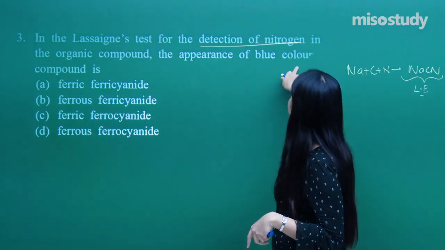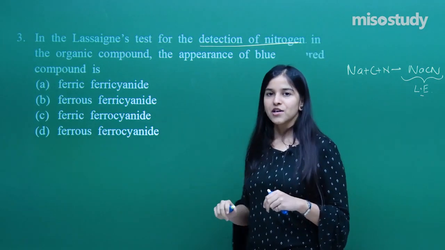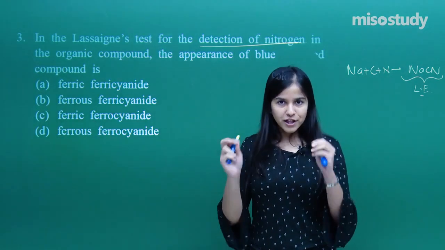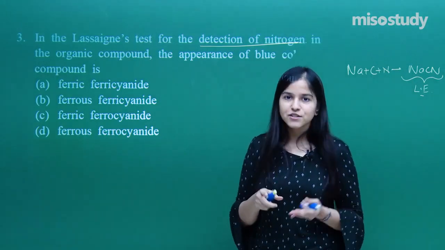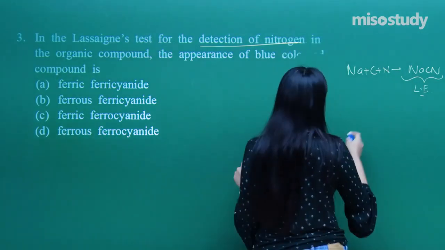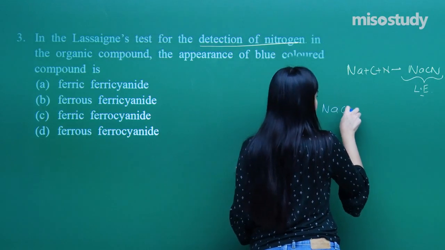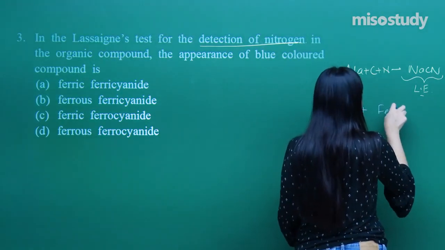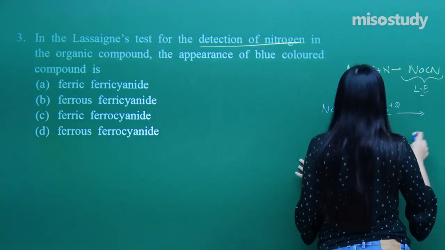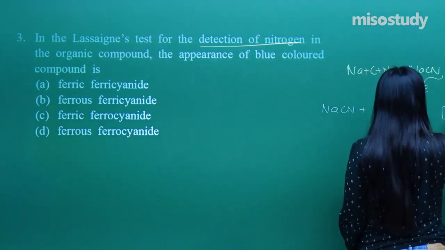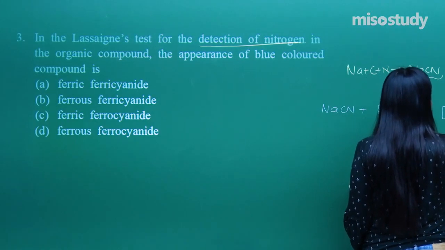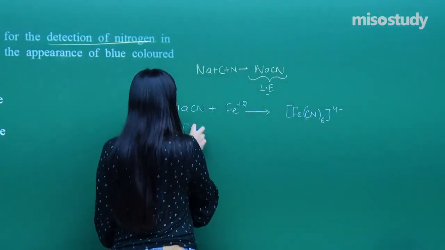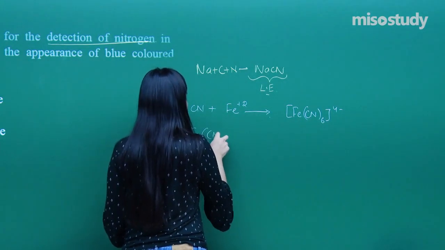The appearance of the Prussian blue colored compound, so they are asking about basically what the Prussian blue compound is. So we need to have proper knowledge about the reactions involved. The reaction is: NaCN will be reacting with the ferrous sulfate, that means Fe2+ ions, giving hexacyanoferrate, right, and this hexacyanoferrate will then be reacting with the ferric ions.